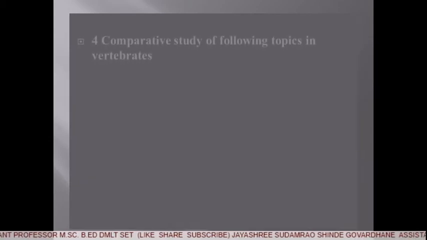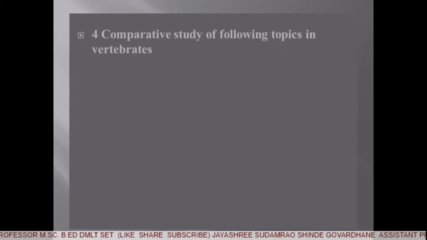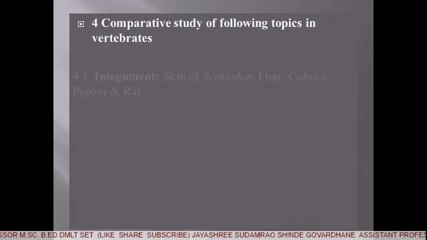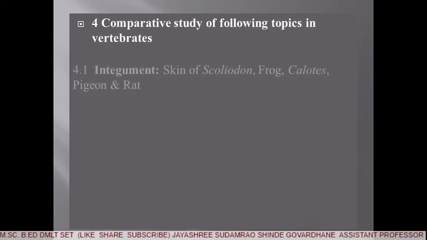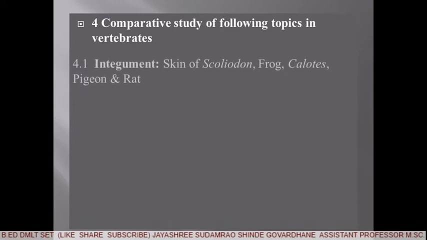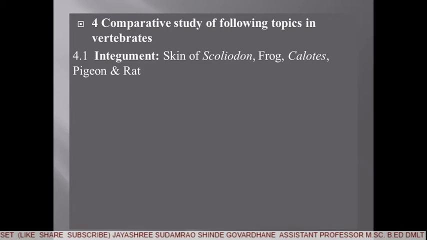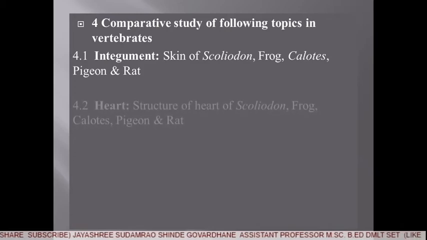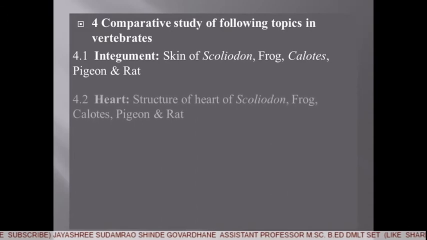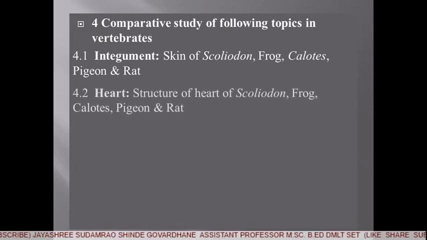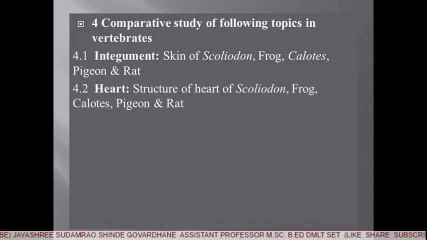Then the fourth chapter is the comparative study of vertebrates: integument of Scoliodon, frog, calotis, pigeon and rat. Heart: the structure of the heart of Scoliodon, frog, calotis, pigeon and rat.